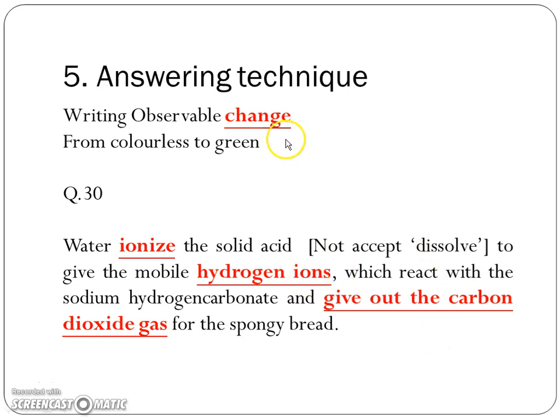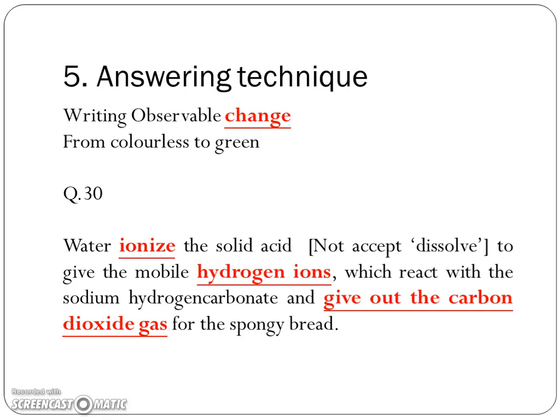And then since you are asked to explain what is the function of the water, that's why you need to talk about the reaction a little bit in detail. So it reacts with the sodium hydrogen carbonate so that it gives out the carbon dioxide gas. Okay, then it will be used to make the bread spongy.